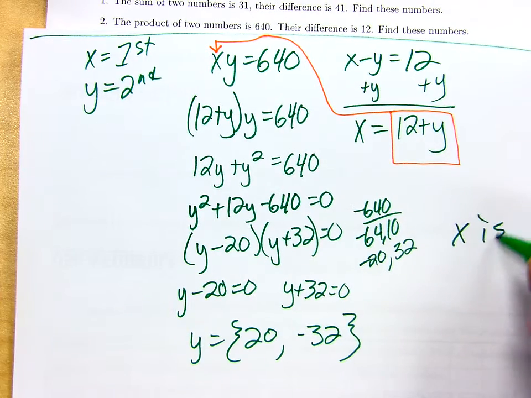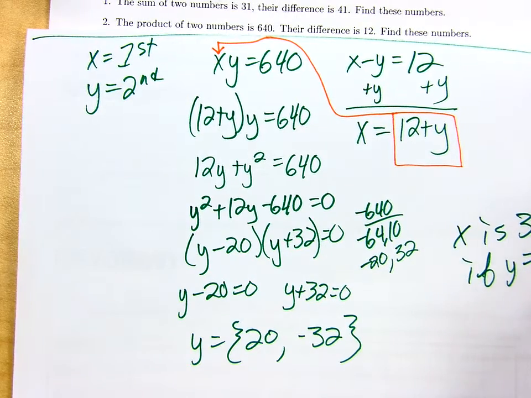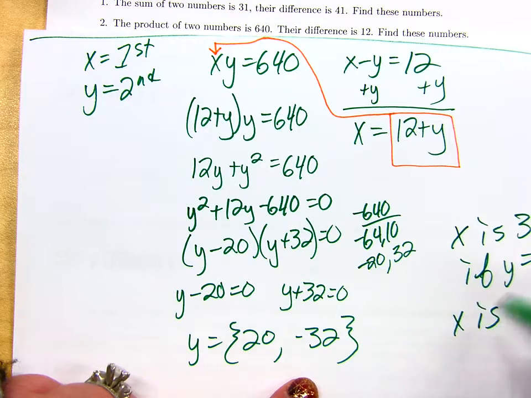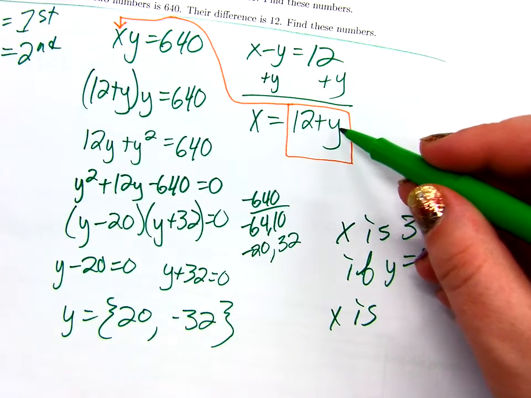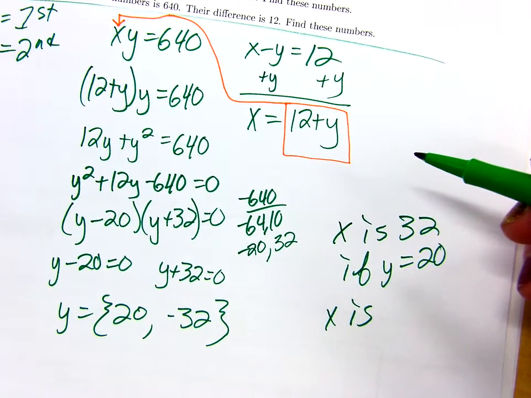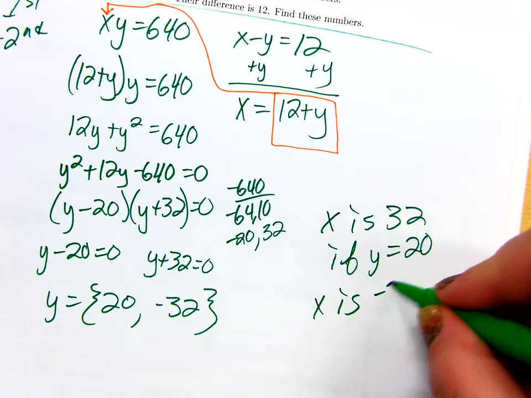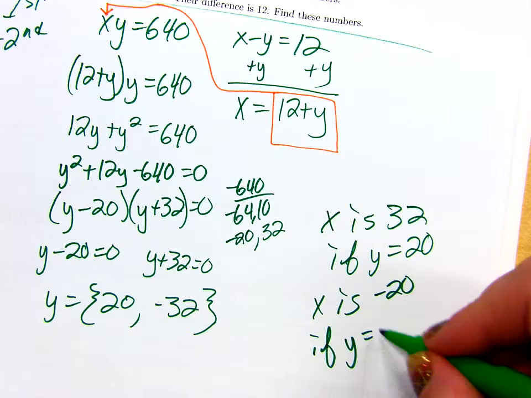So x is 32 if y is 20. And if y is negative 32, then x is negative 20. X is negative 20 if y equals negative 32.